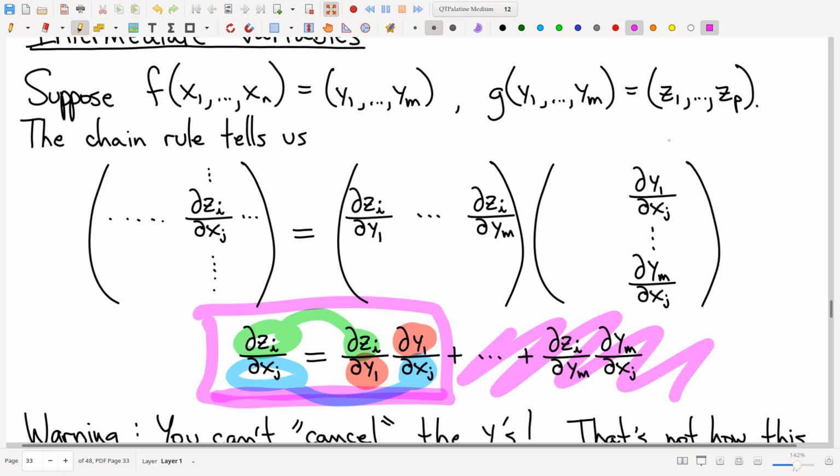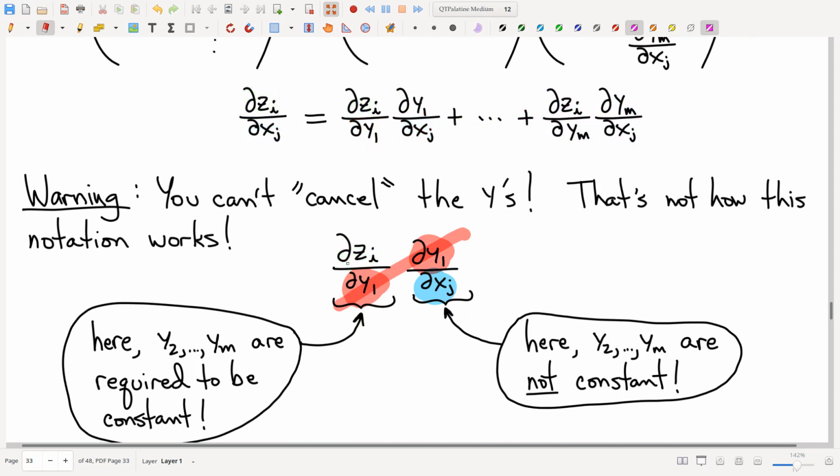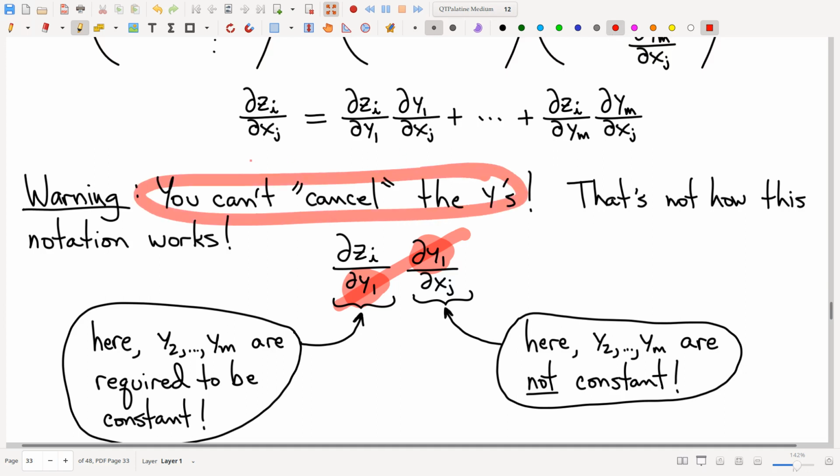But still worrisome, because as of the moment, it's not clear what's wrong with this reasoning. So what I want to do now is address this question of why I can't cancel the y's, the partial y's. And it's a subtle point. And I blame the notation.